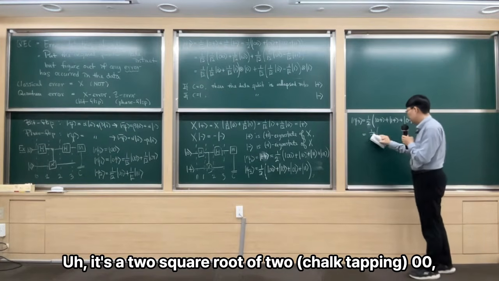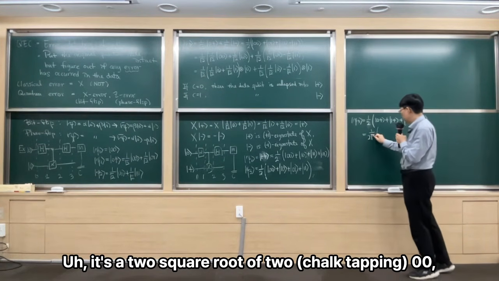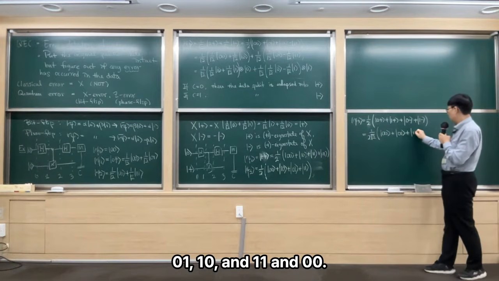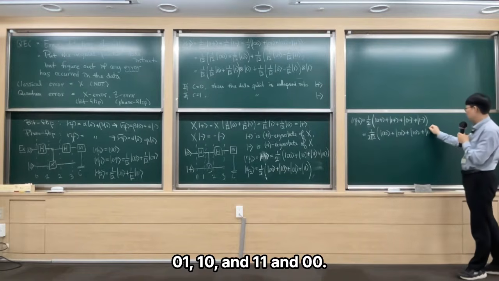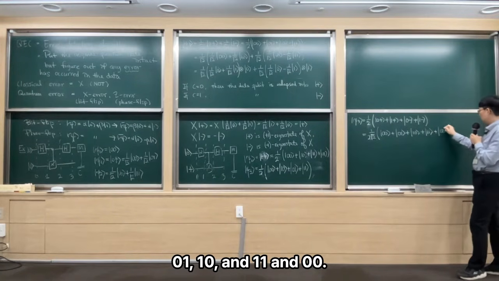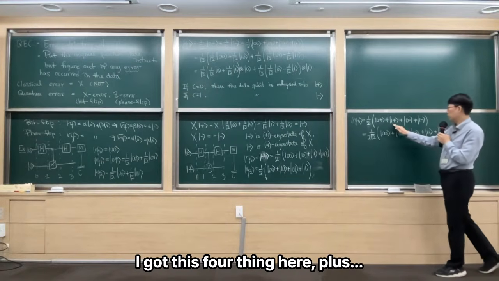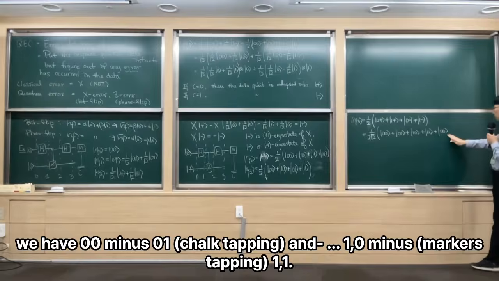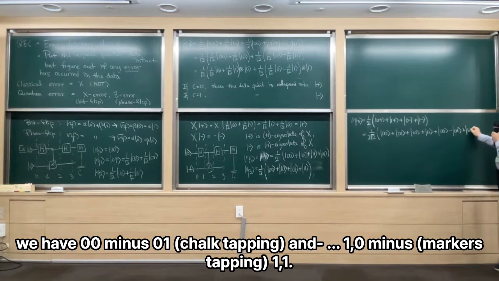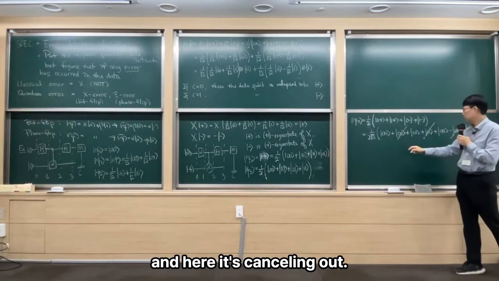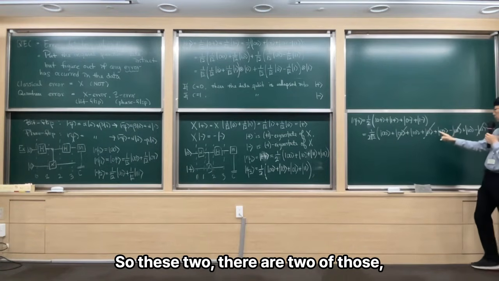It's 1 over 2 square root of 2, 0 0 0, 0 1 1, 1 0 0, and 1 1 0 0. Up to this far, I got this 4 terms, plus. And for the minus part, we have 0 0, minus 0 1, and 1 0, minus 1 1. So here is canceling out, and here is canceling out. So there are 2 of those.